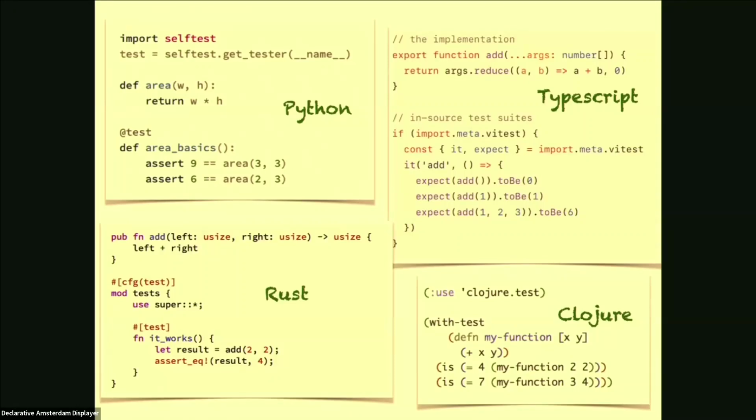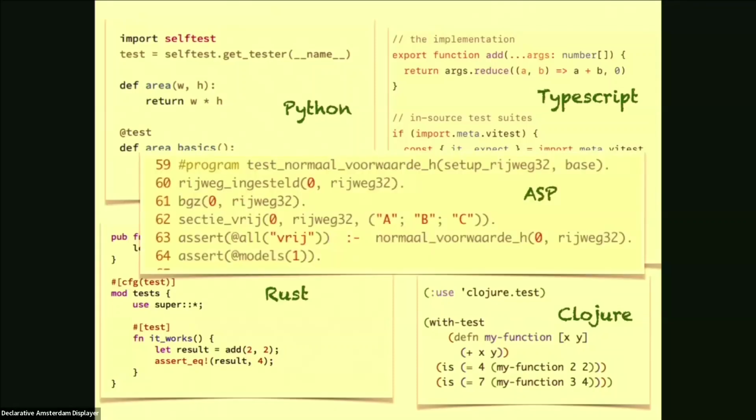And Clojure actually had this the very first time, a couple of years ago, with a test predicate that allows you to combine a definition for a function with a few simple asserts. It wasn't called in-source testing at that time, but it actually was. Today we have it in ASP, and it looks like this.